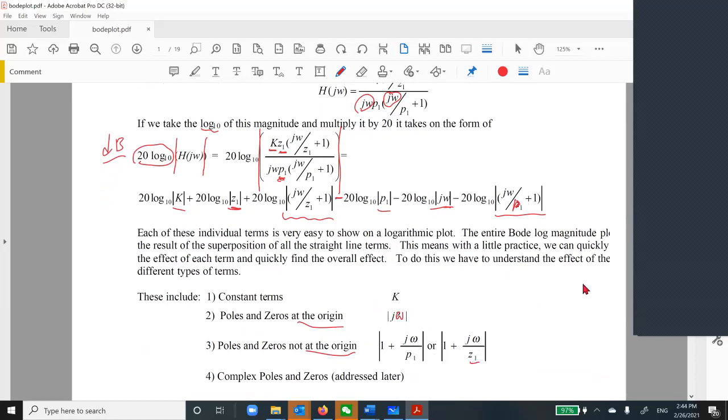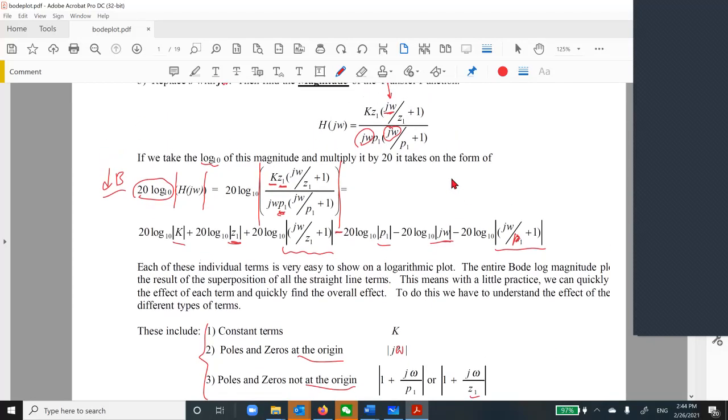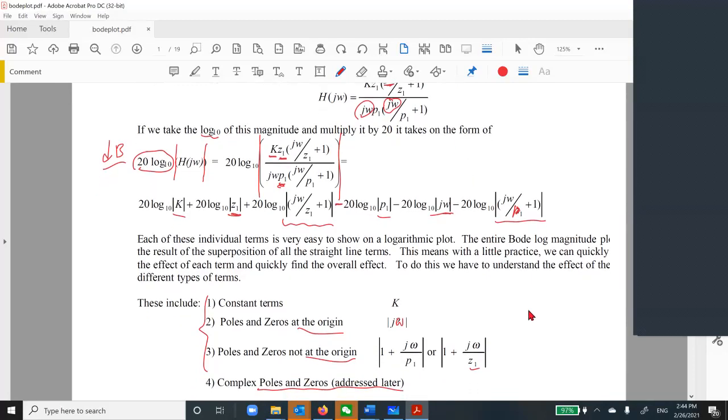And we may also have complex conjugate poles and zeros; we'll talk about that one later. Let's focus on these three types. When we can do the three types, we'll be able to do a transfer function like this. So let's do it step by step, then you add them together.